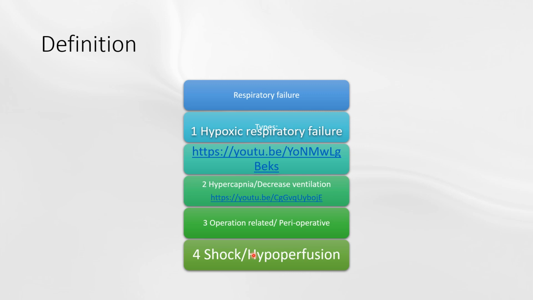In that case, if shock is leading to organ failure or multiple organ failure and the respiratory system is affected, the failure at that time, through shock affecting the respiratory system, is type 4 respiratory failure.